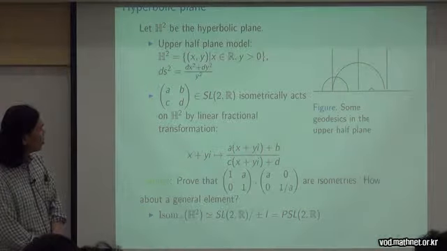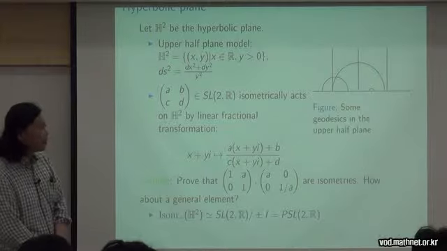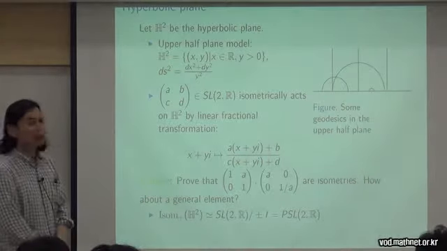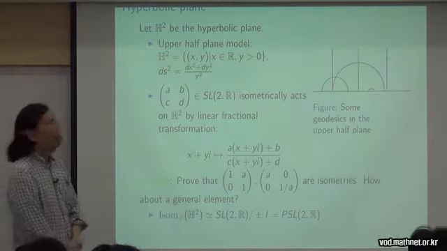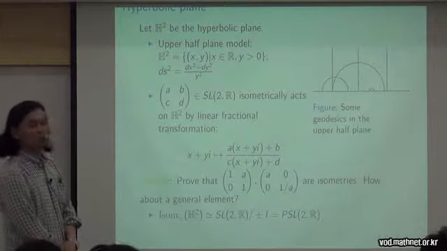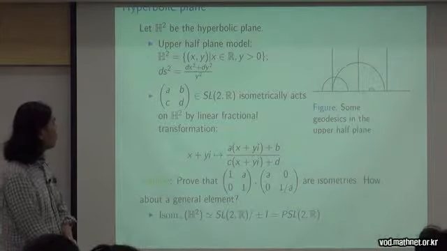It differs from the Euclidean metric by a factor depending on each point, which is y. Some people say this is a conformal change of the Euclidean metric.